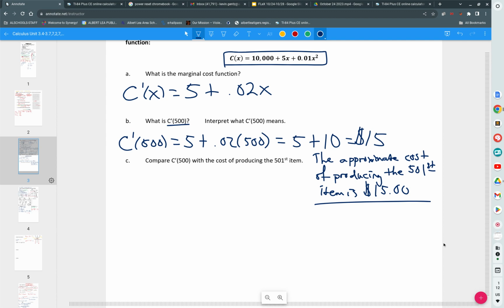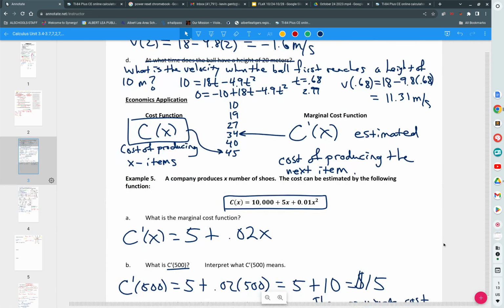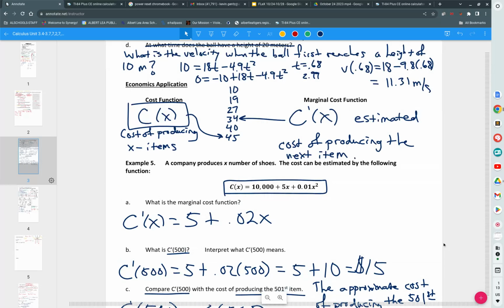So when it says compare C prime of 500 with the cost of producing the 500 first item, the way we find out the cost of producing the 500 first item is easy. We take the cost of 501 items and we subtract the cost of producing 500 items. Look at the little chart I made.